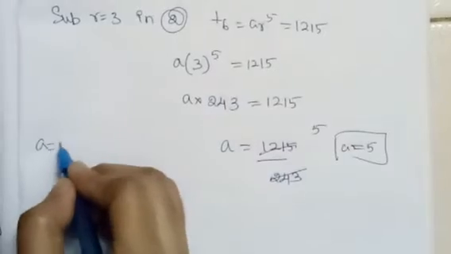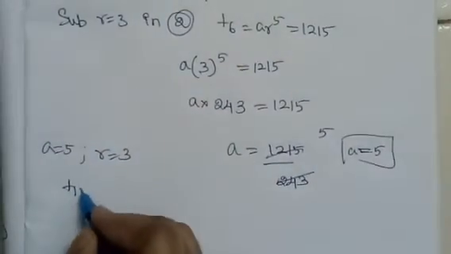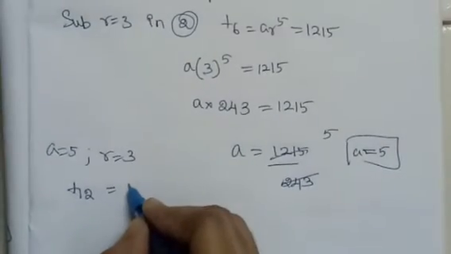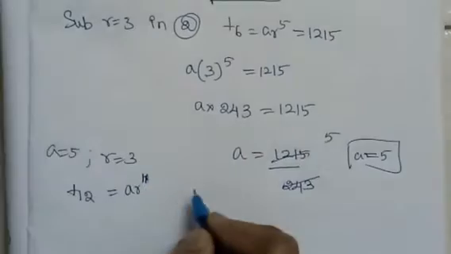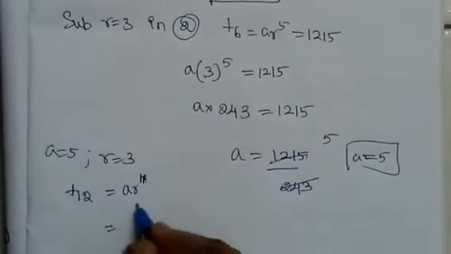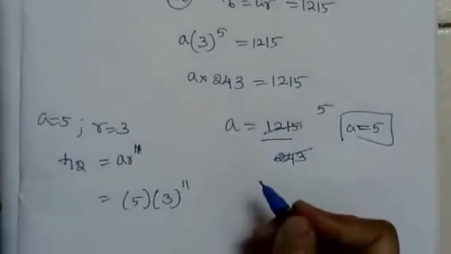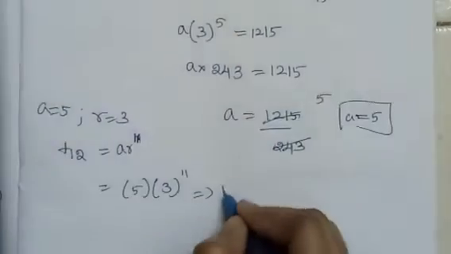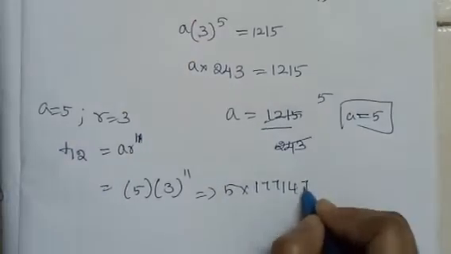Now the value of A is equal to 5 and R is equal to 3. Now easily we can find our 12th term, T12. T12 is equal to AR power n minus 1, which is 12 minus 1, that is 11. Now substitute A value 5 into R value 3, the whole power 11. 5 into 3 power 11 is 177,147.